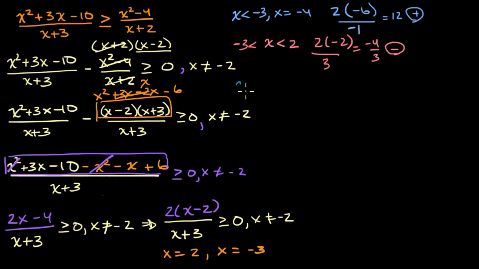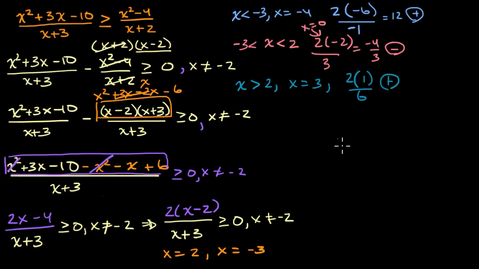So now let's think about x being greater than 2. We could try, say, x equals 3. And over here, let me be clear, this was x equals 0 that I tried here. But when we try x equals 3, we get 2 times 3 minus 2, which is 1, over 3 plus 3, 6, which is indeed positive.